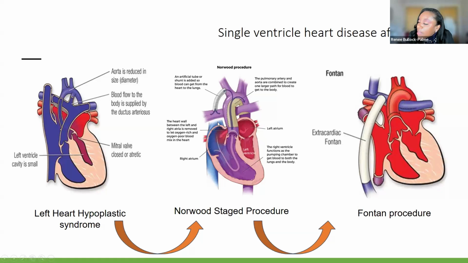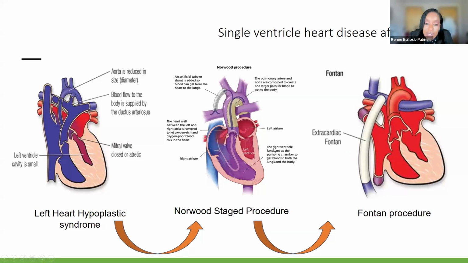And what will happen is that the IVC and SVC then lead to a third stage of the surgery, where the SVC and IVC enter into that extracardiac Fontan, which then dumps that flow into the pulmonary arteries and through the lungs to become oxygenated. And then here you can see that from that reconstructed aorta, the RV is now functioning as a systemic ventricle. The LV is diminutive, not functioning, and this is the final stage of the Fontan procedure.